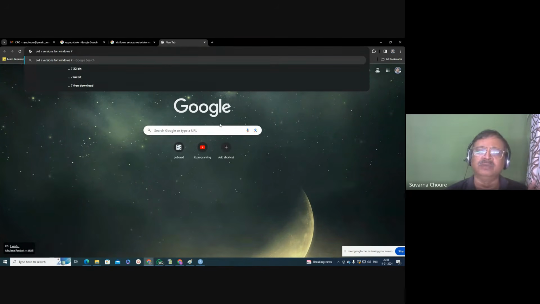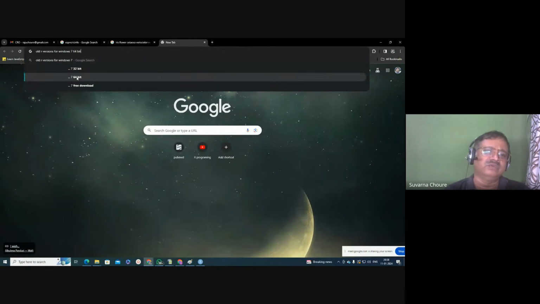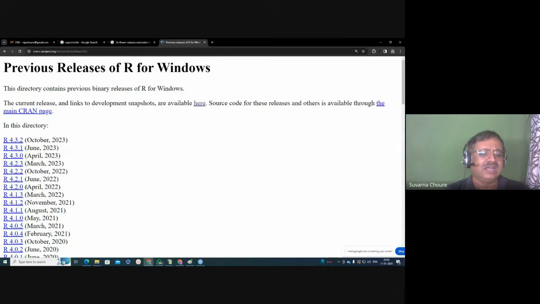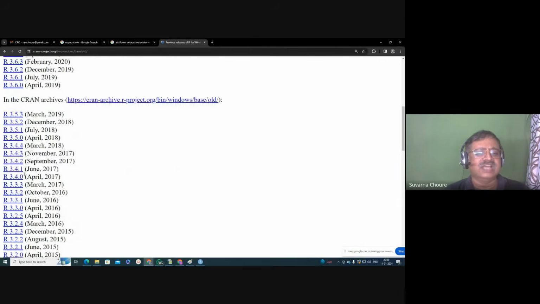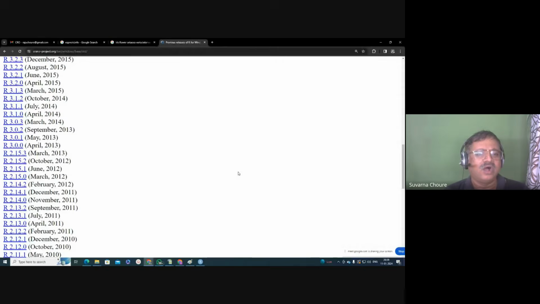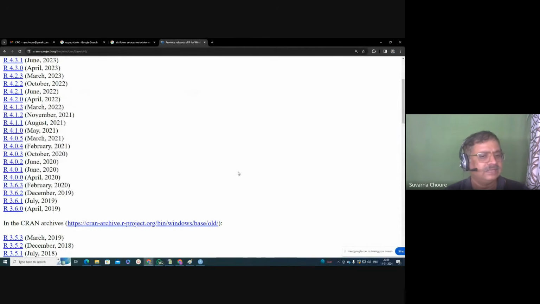All those are 64 bit, because all new laptops and operating systems are 64 bit. If you have 32 bit, you can download for 32 bit. If you have 64 bit, you can download for 64 bit. And previous releases of R, you can download as per your requirement. All old versions are also possible.